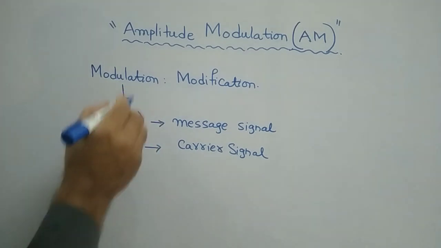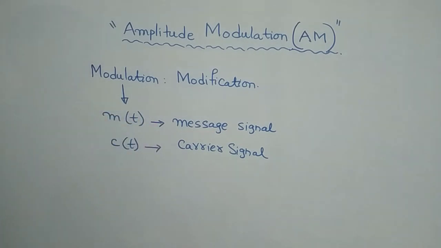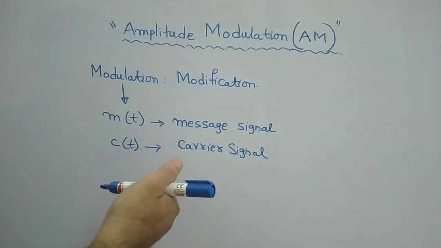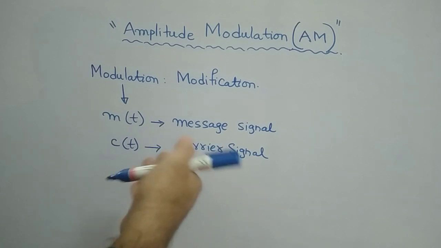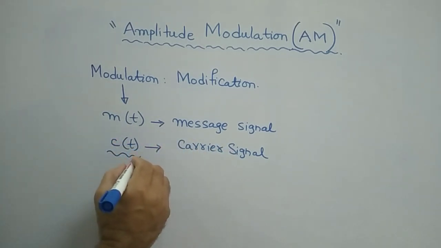Now, how can you define the modulation? I already explained in the last presentation that modulation is the process of variation of certain parameters of the carrier. What are those parameters?